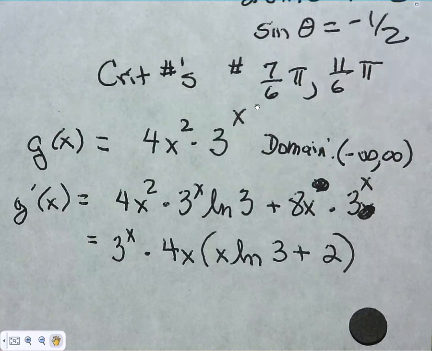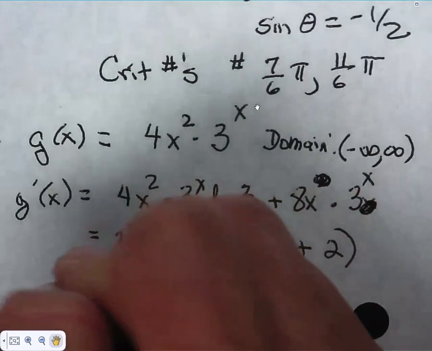So what you have for the derivative, factor it as completely as possible. Is there anything that makes 3 to the x either 0 or undefined? Nope. What about 4x? 0. 0 is a critical number.